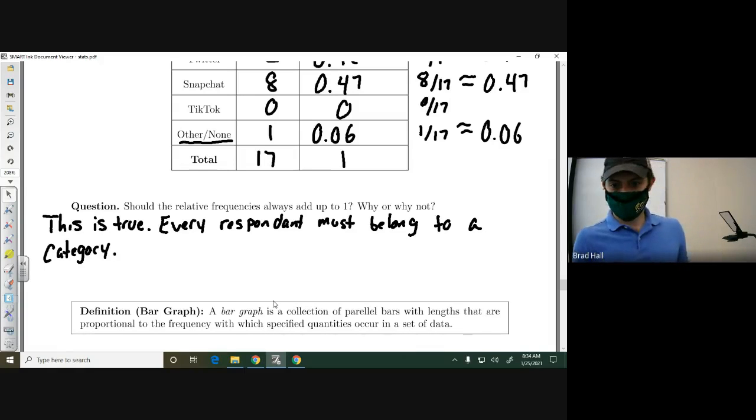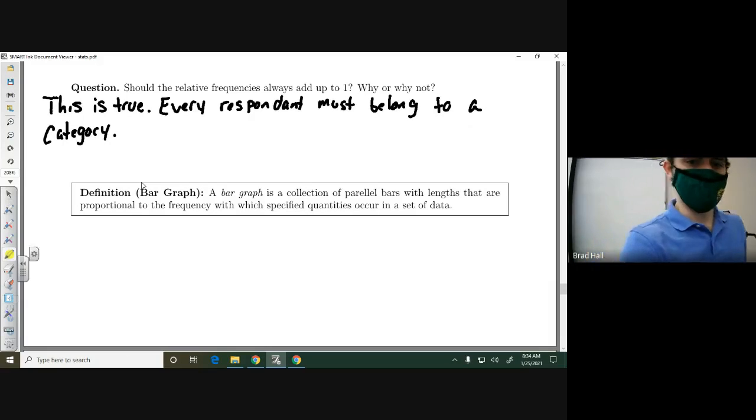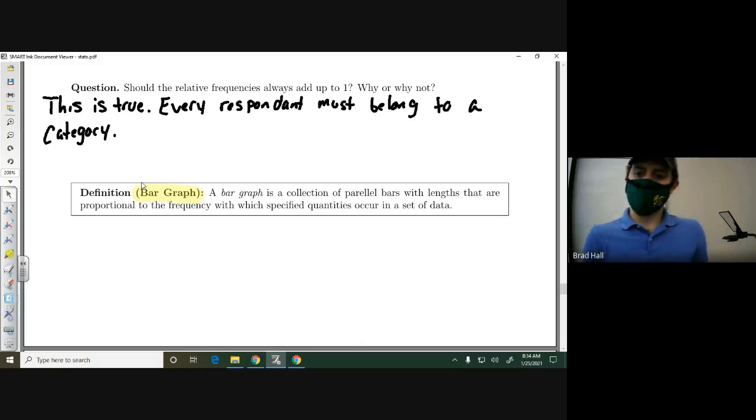If not, move on to something that may be familiar, a bar graph. Maybe you've all seen a bar graph, and if not, we'll talk about it here. A bar graph is a collection of parallel bars, and the lengths are proportional to the number of things we counted in each category. So the more people that said they like something, or that's a category they choose, the bar gets a little bit higher.